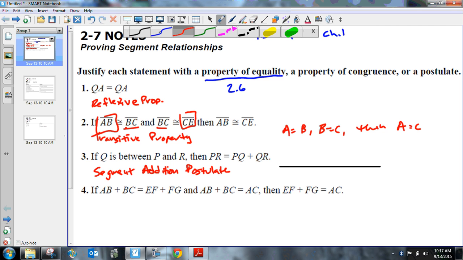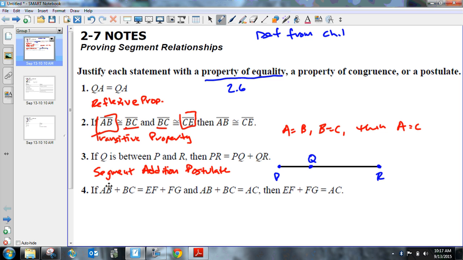And this is something that you guys are going to see all the time. If I had, say, Q is between P and R, all right, here's R, Q is somewhere here in the middle. So if I took PQ, this segment length, plus QR, that segment length, it would give me the entire thing, PR, okay?